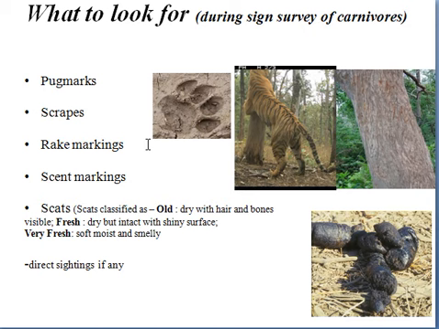Old scat can be easily visible and identified when it is dry with hair and bones. Then we can also find fresh scat, which may be dry but intact with a shiny surface. Then very fresh scat of tiger may be soft, moist and smelly. Besides this, if there is any direct sighting in that area, we have to note it down or capture it.